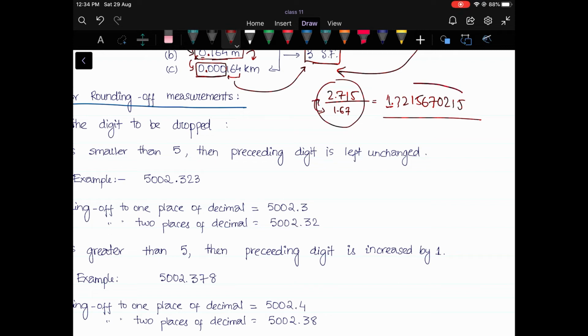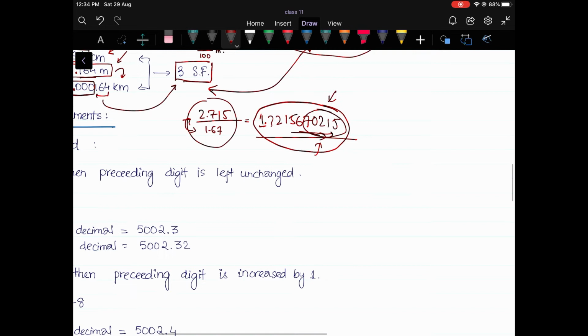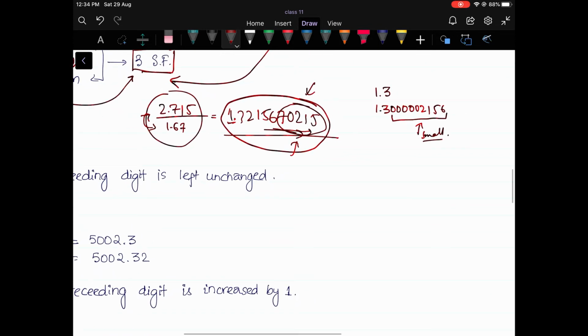Now we basically do not write all of it, because writing such a lengthy number is not important for us, because the trailing numbers, that means the last numbers, are very small and very insignificant. Imagine I write a measurement of 1.3 centimeters and somebody writes 1.300002156. Obviously all these digits are so small that they can be neglected, so we can round it off to 1.3.